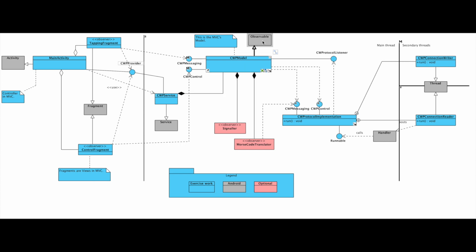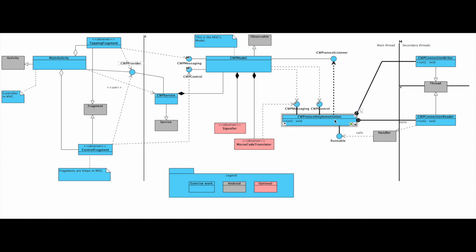Model is also an observable, and tapping fragment and control fragment are observers. So whatever happens here, model as an observable notifies the observers that something happened, especially when the protocol implementation is actually connecting to the server and something happens there.